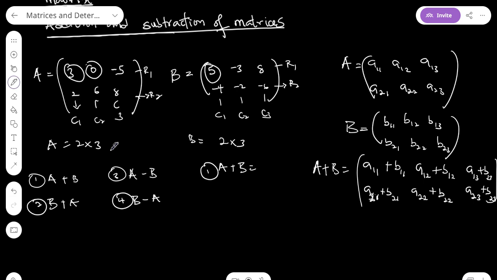Then you add 0 and minus 3, they become the element in the first row, second column. You add minus 5 and 8, that becomes the element in the first row, third column. To do the same, you add elements 2 and minus 4, 6 and minus 2, and 8 and minus 6.